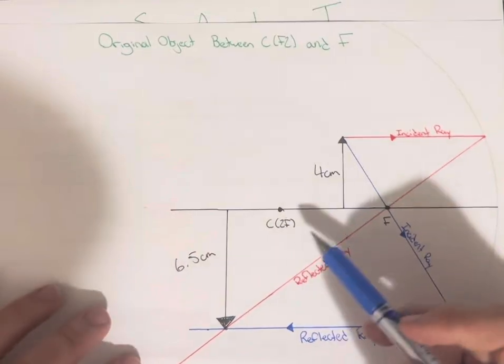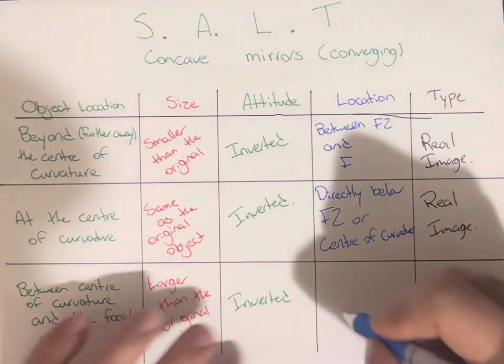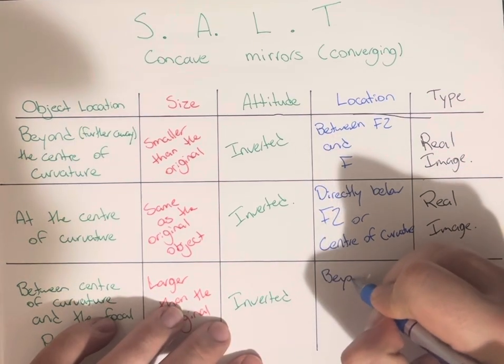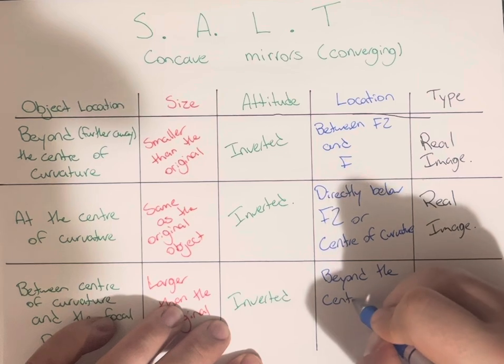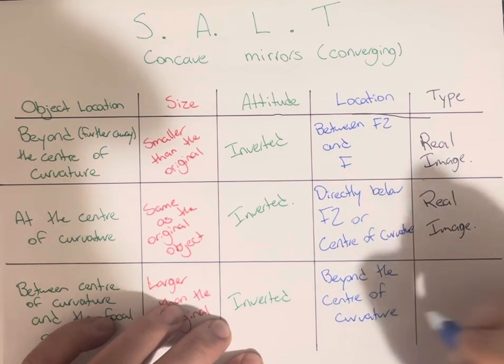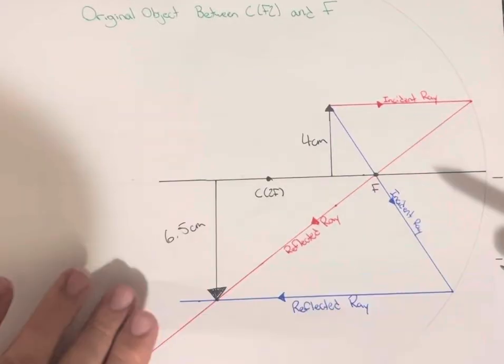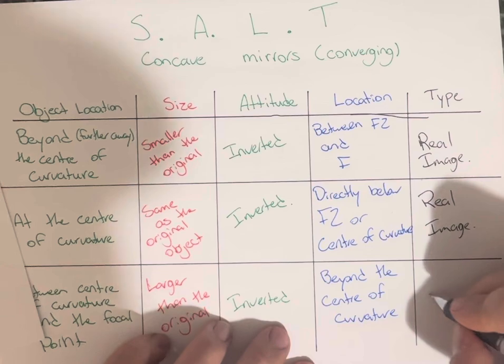The image is going to be beyond, or further away than, the center of curvature. And once again, it is on the same side of the mirror as the object, so this is going to be a real image.